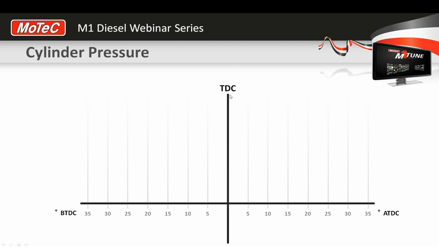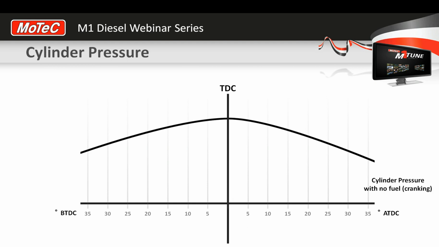That's what we want to see, where the pressure is occurring, how much the pressure is in relation to top dead center. So the first trace we've got here, the black line you see here, is what you might expect from when the engine is cranking with no fire inside. So no fuel added, no combustion, so that's just our flat line of the cranking cylinder pressure.